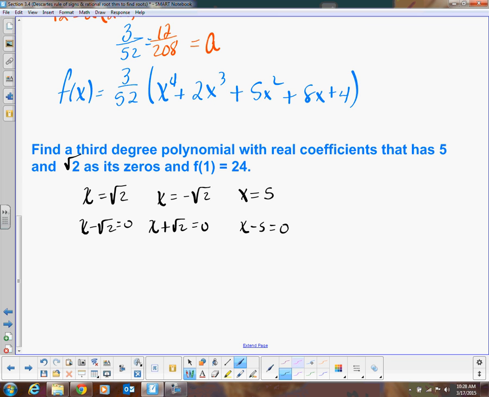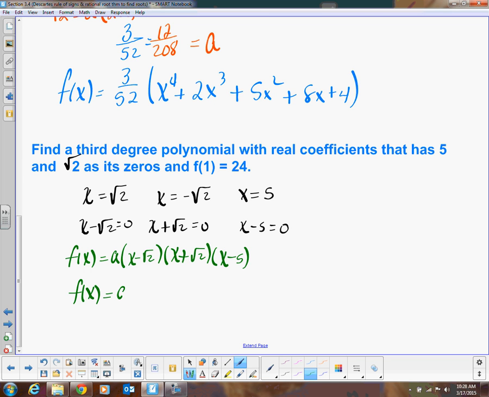From here, we're going to say f of x is equal to a times x minus the square root of 2 times x plus the square root of 2 times x minus 5.